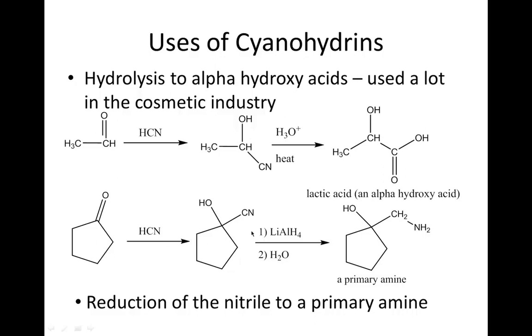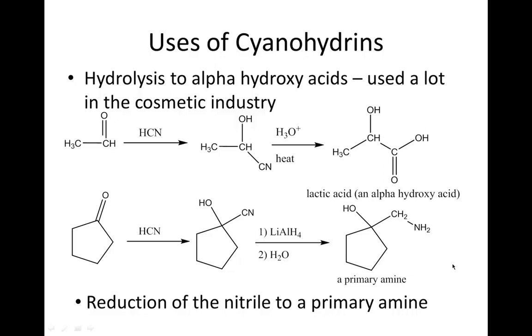cyclopentanone. And if we do a reduction of this nitrile, we can make an amine. And so this is the first time that we've made an amine other than on aromatics. And we're not going to emphasize these two subsequent pathways in this chapter so much, but just in case you're wondering why is it so interesting to make a cyanohydrin, or why do people care, well, these reasons are really important, that we can go on to alpha hydroxy acids, or we can go on to primary amines.